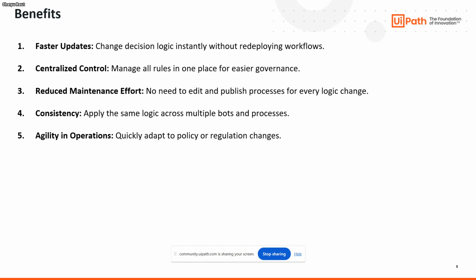Along with that, centralized control: whoever has access to the particular business rules can make changes and do the needful. Along with that, reduced maintenance cost and also consistency, as you can apply the same business rules across the process and ensure standardization. So this is where the benefits come in.